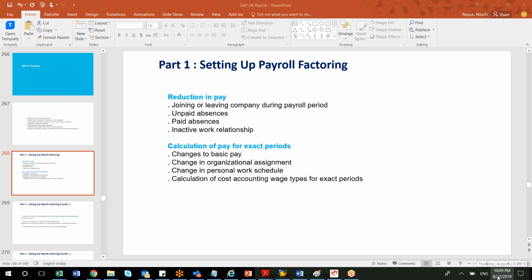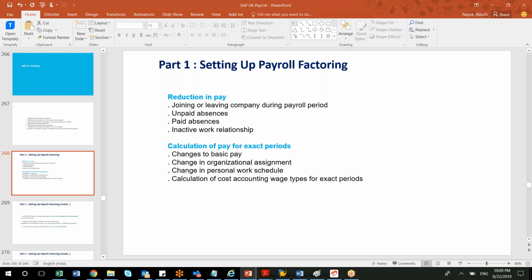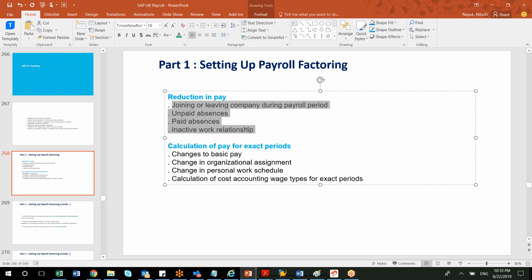Also in case of an inactive work relationship, for example a sabbatical leave or any long-term leave of say 6 or 8 months, during that period you are not working for the organization but are still an employee. In that case also there will be a reduction in pay. So in all these scenarios of reduction in pay, factoring comes into the picture.